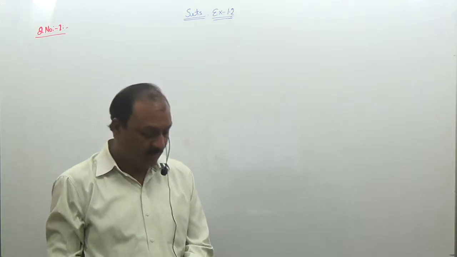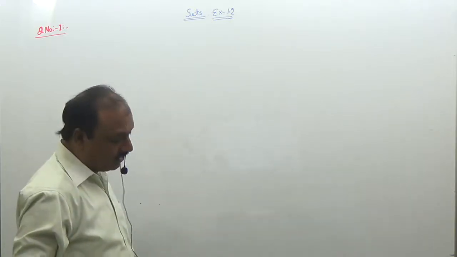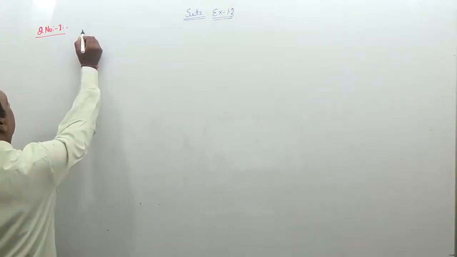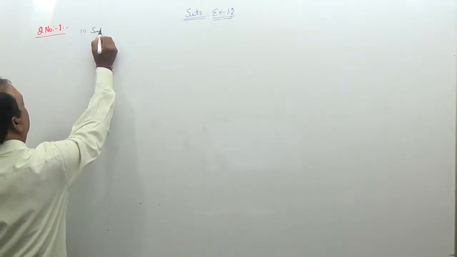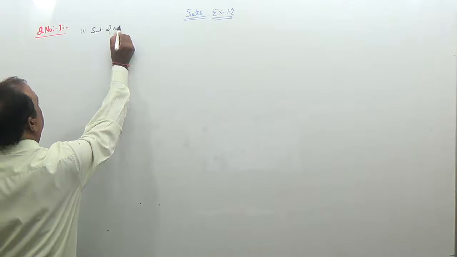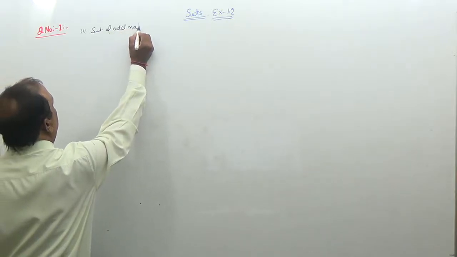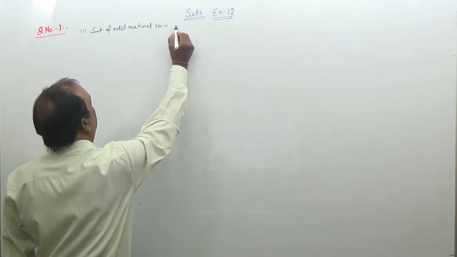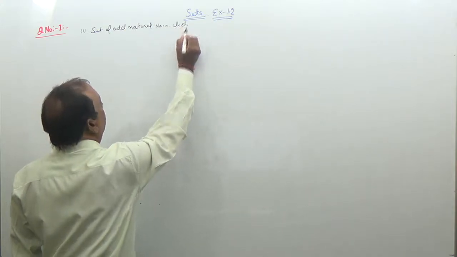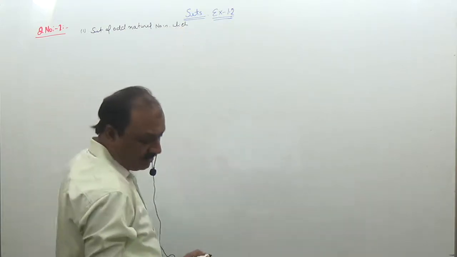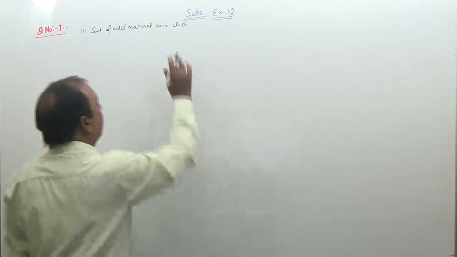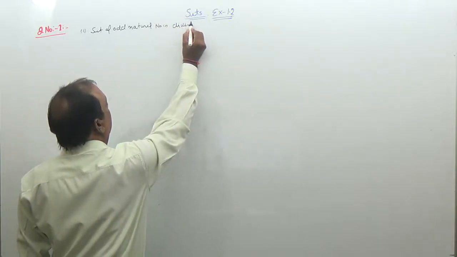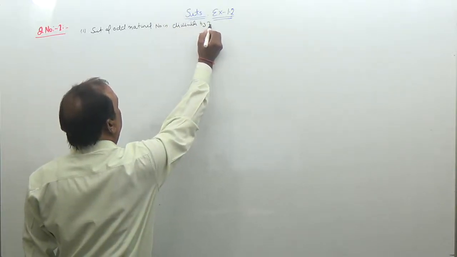First is the set of odd natural numbers divisible by 2.